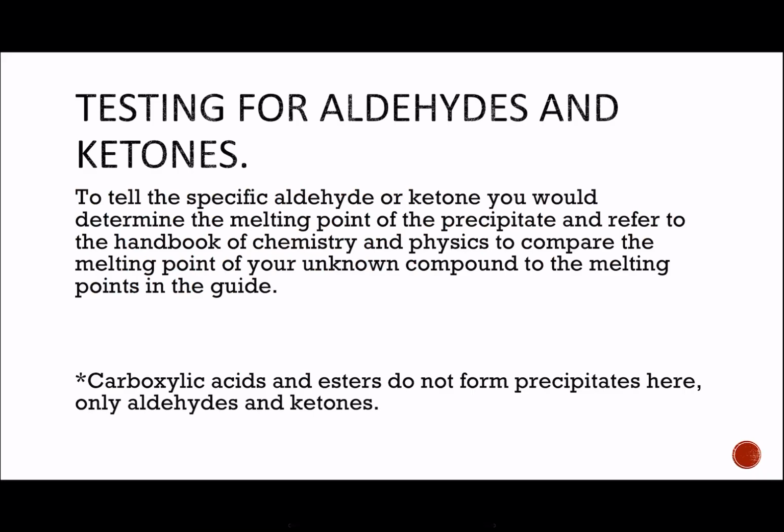All right, so you took a look at, do I have an aldehyde or a ketone? Now, how do I tell if it's an aldehyde or a ketone? If we want to tell if we specifically have an aldehyde or specifically have a ketone, we could determine the melting point, as I mentioned earlier, and then look at reference values to determine what we have.